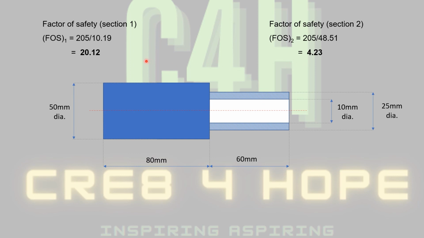But based on the values that we have, it's more or less improbable, unless there are microscopic defects in the material which will cause an increase of localized stresses within that region.